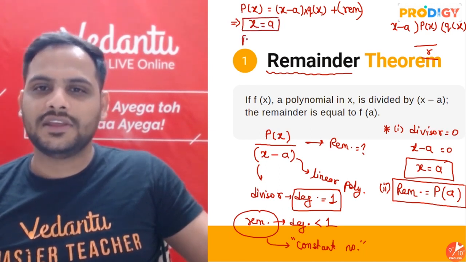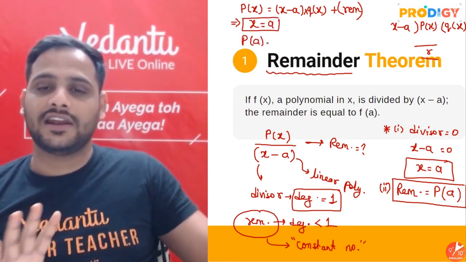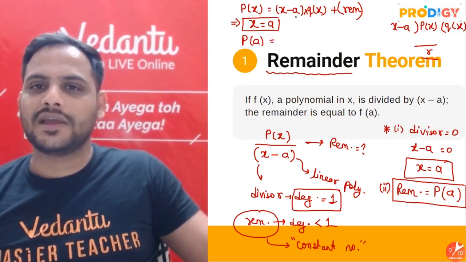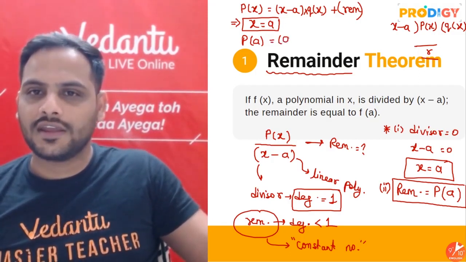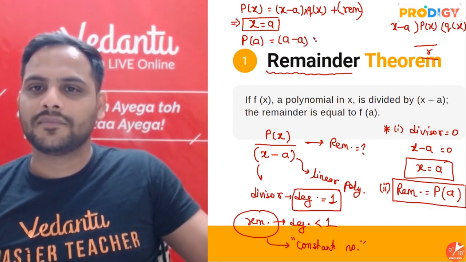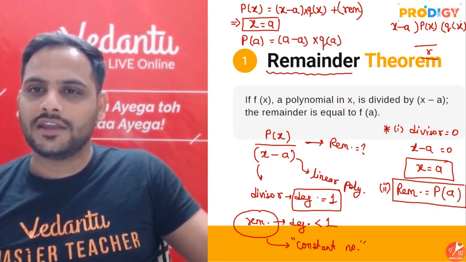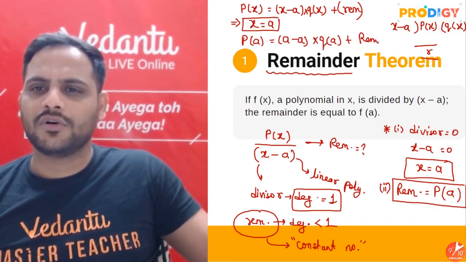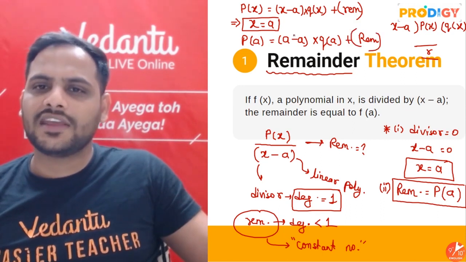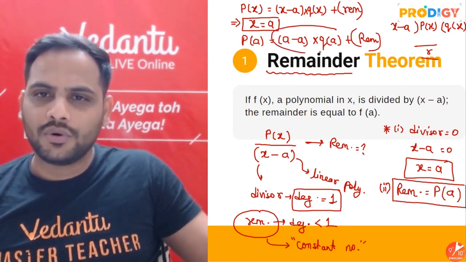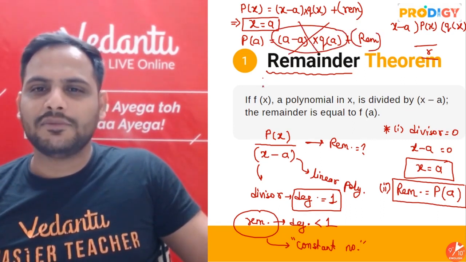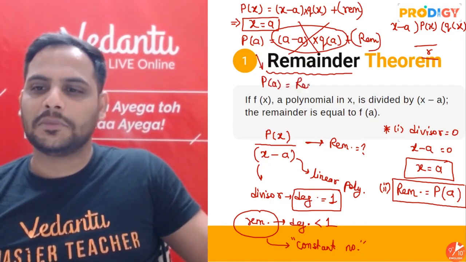So I will get p of a, wherever there is x write a, is equal to a minus a into q of a plus the remainder, which is some constant number. So a minus a will be equal to 0. So this whole part will be gone, and we will be left with p of a is equal to the remainder.